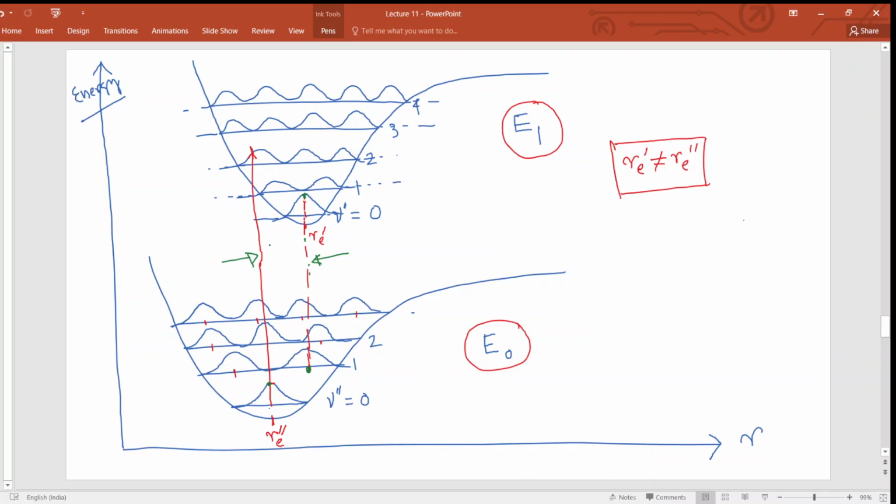Contrary to the cases where the peak positions are not aligning at the same value of R_e. Here these are the turning points, either the maximum or the minimum. So if these are falling at the same value of R_e, then the possibility of transition is higher. Is this point clear?